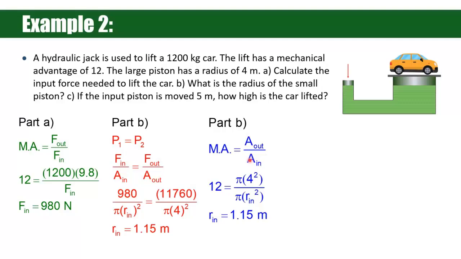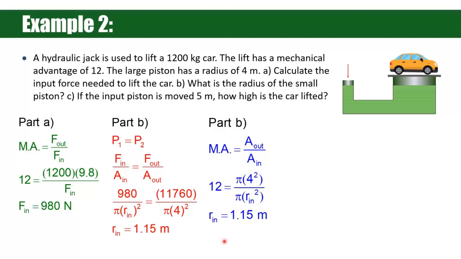So this is another way that I could have calculated the input radius. 12 is the mechanical advantage, pi r squared of the output, and pi r squared of the input, and got the same thing, that the input radius is 1.15 meters.